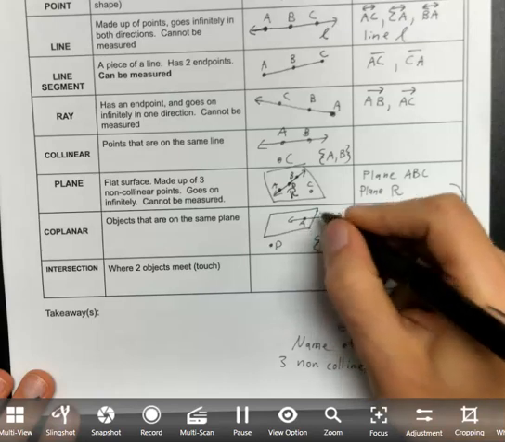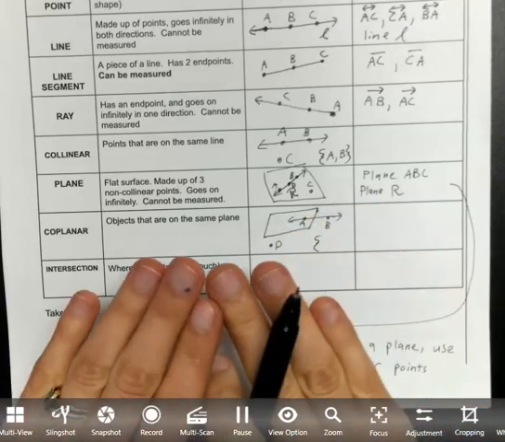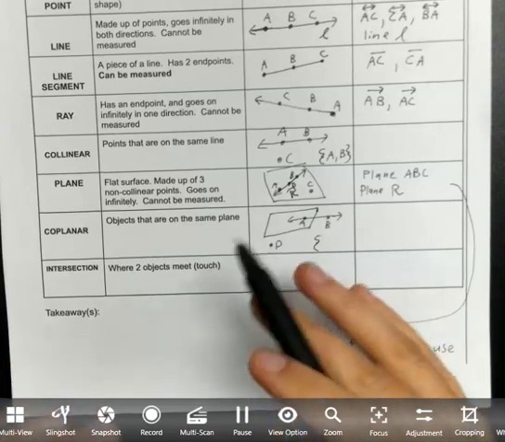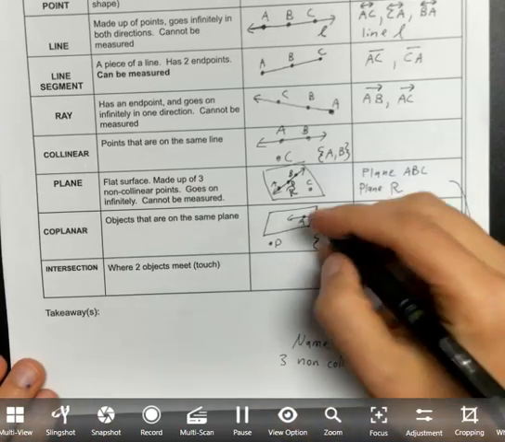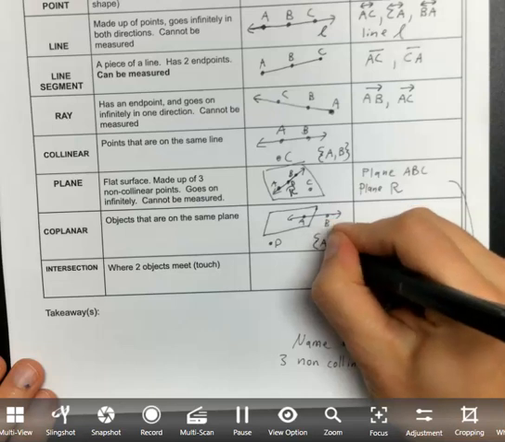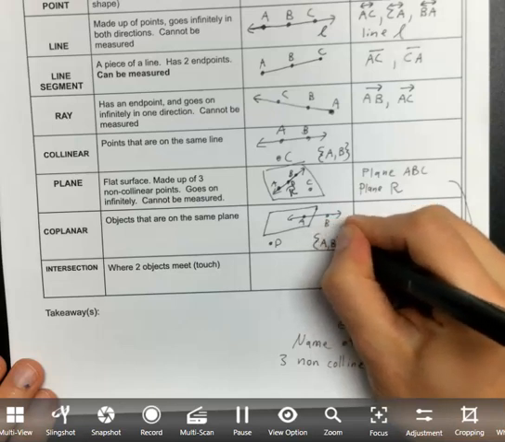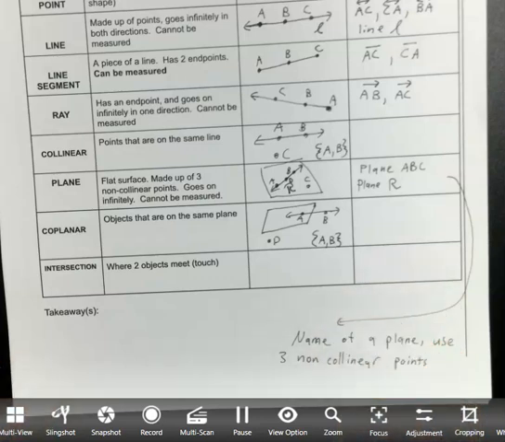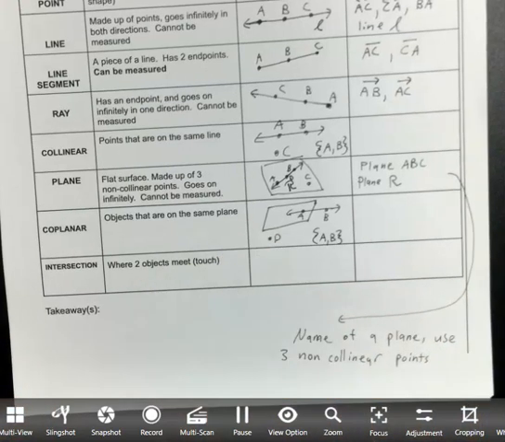Even though it doesn't look like it, a plane is a flat surface that goes on infinitely in this direction. But D is below the plane, so D is not on that plane. So points A and B, coplanar. Line AB, coplanar, right? But not point D.